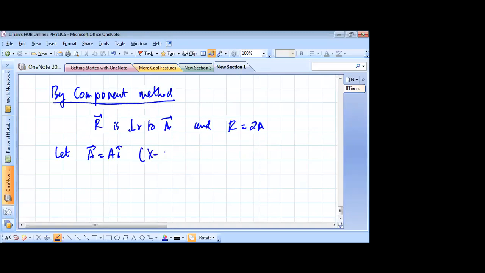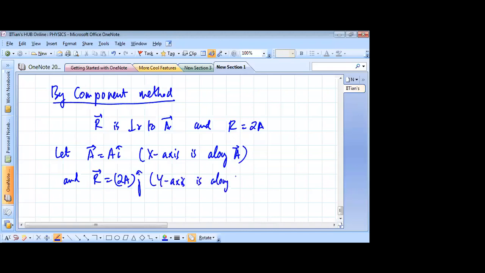That is, the x-axis is along vector A, and therefore the resultant becomes 2A j, because the y-axis is along the resultant.